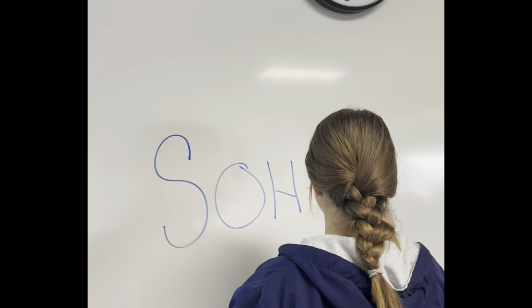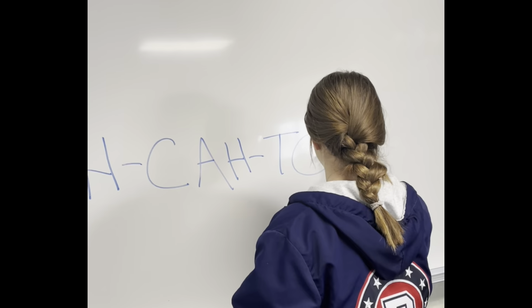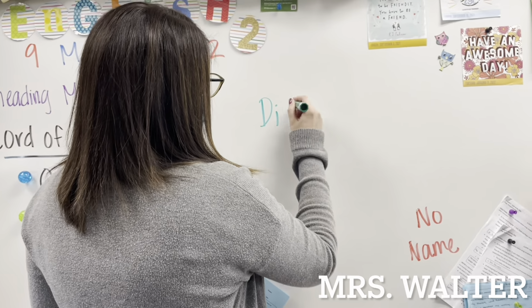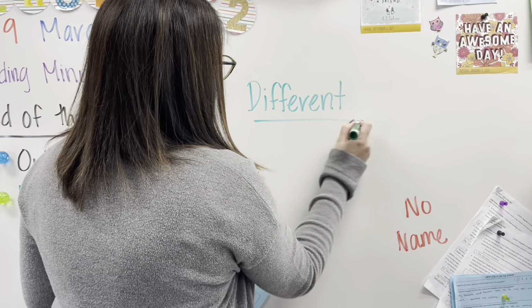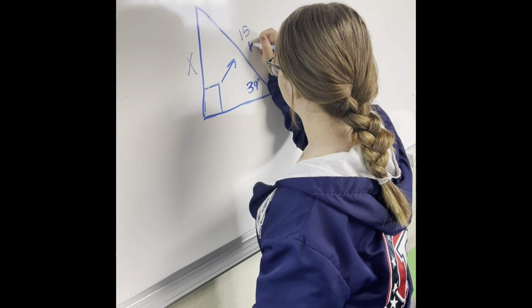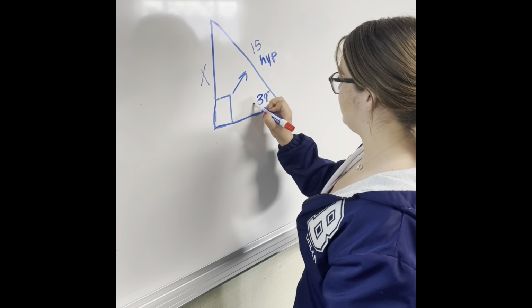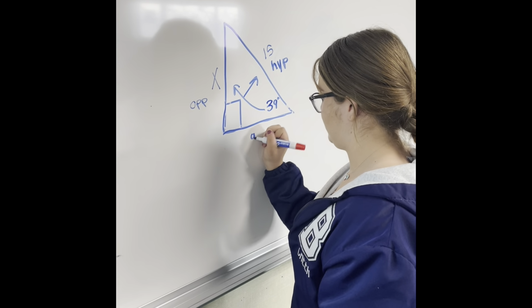The math gets easy using SOHCAHTOA, using sine, cos, tangent. They're all very unique and different. Sine equals opposite over hypotenuse. Here's a triangle.